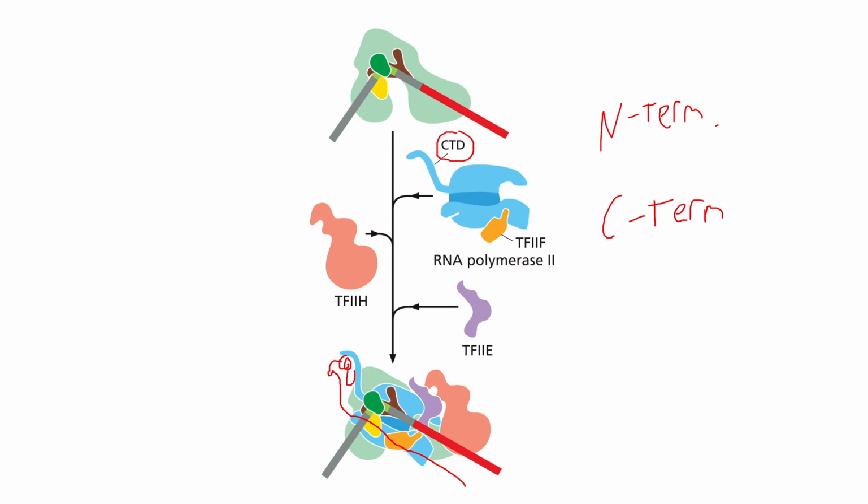Because once everything begins to transcribe, we can also modify this C-terminal domain so that it turns itself on, the polymerase runs, and remember, like sigma factors, we don't want all these transcription factors to stay on the polymerase. Because once a polymerase is going, we can use the transcription factor for another polymerase that needs to get started. Does that make sense? I hope it does. So, because of that, all these transcription factors, once the polymerase gets started, will pop off.